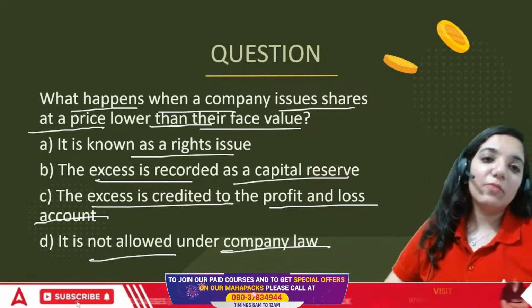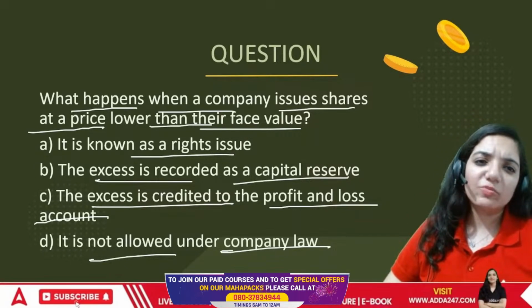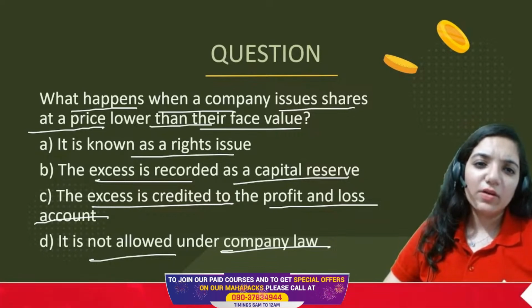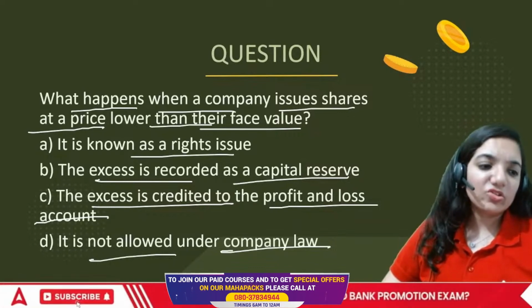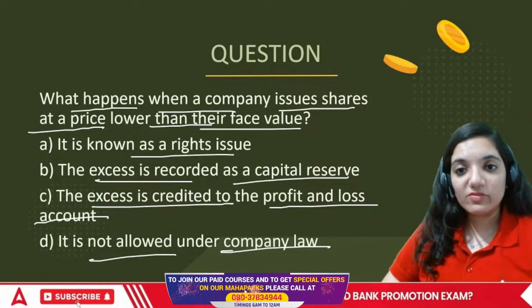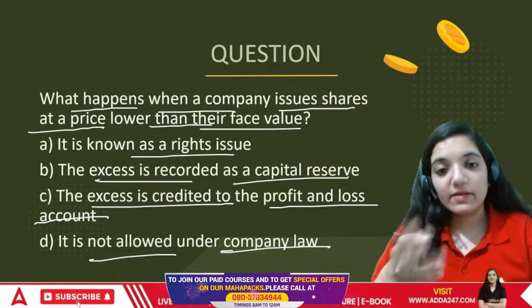What happens to the company when the issue price is lower than the face value? This is not good. Normally the companies should not be issuing shares at a price which is lower than the face value, right?